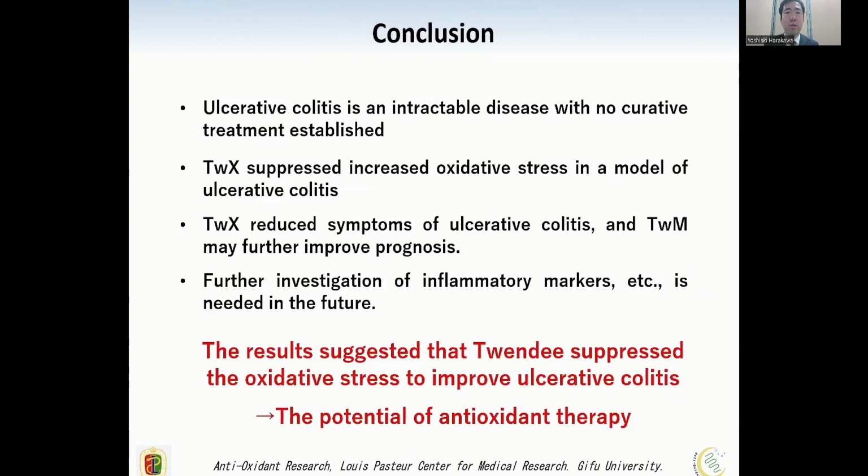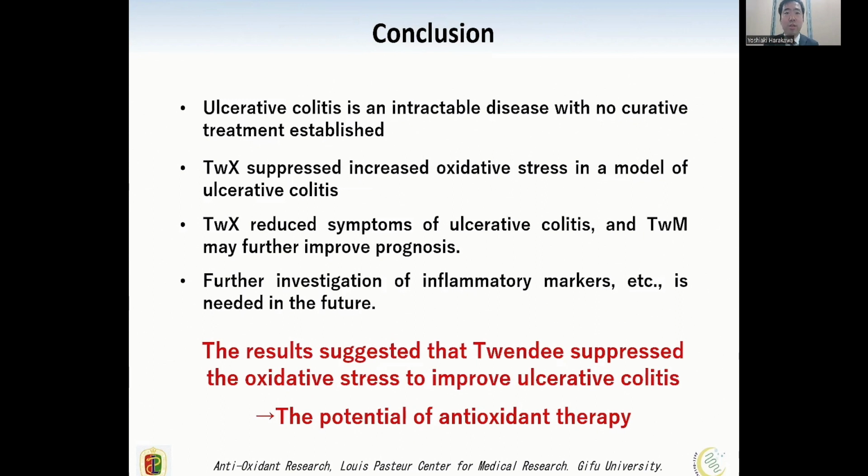Here is the conclusion. Ulcerative colitis is an intractable disease with no curative treatment established. 20X suppressed increased oxidative stress in the model of ulcerative colitis. 20X reduced symptoms of ulcerative colitis, and 20M has potential to further improve prognosis.